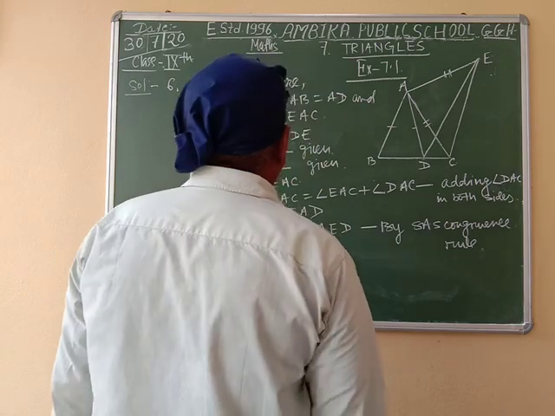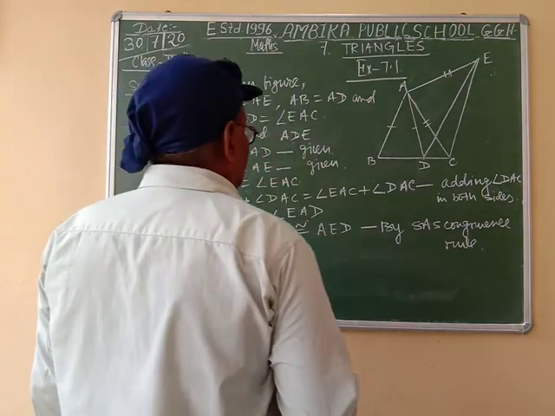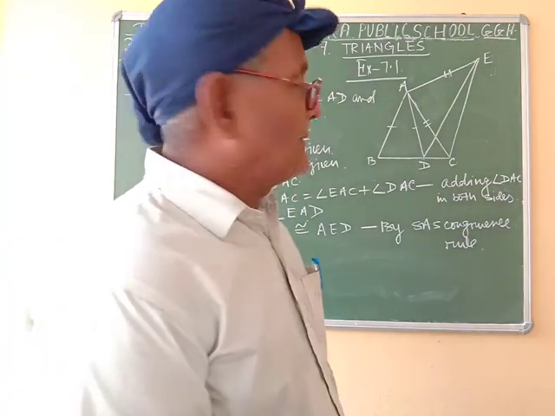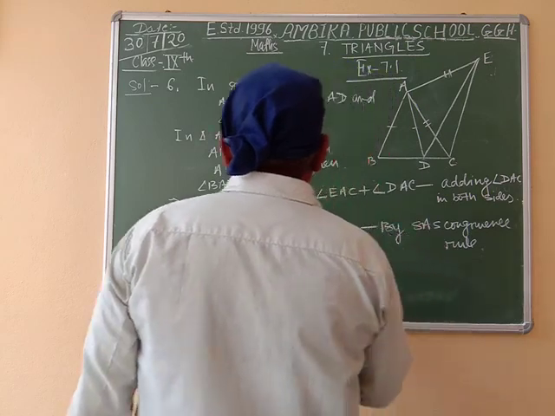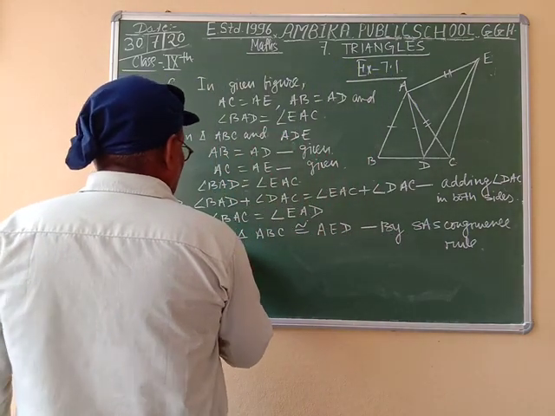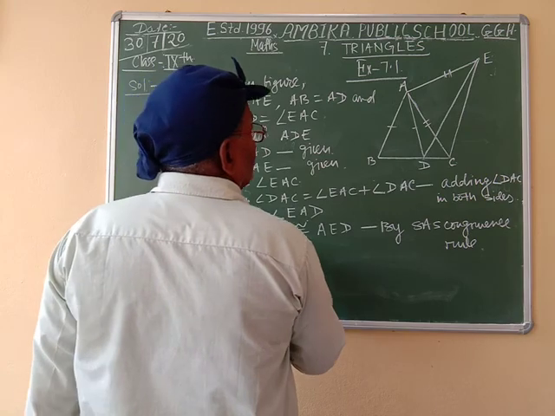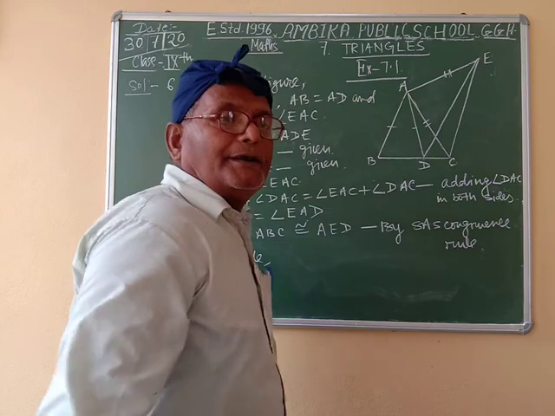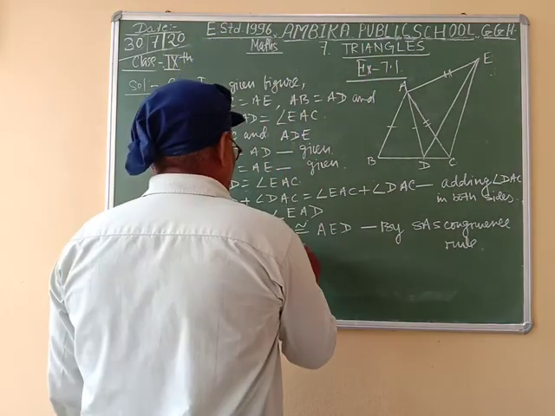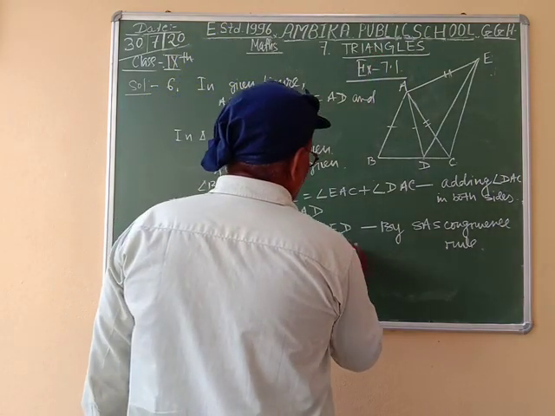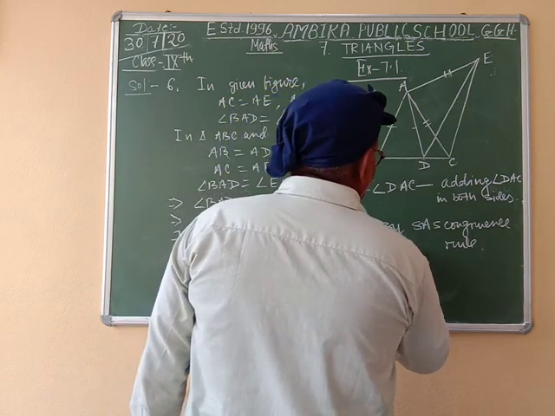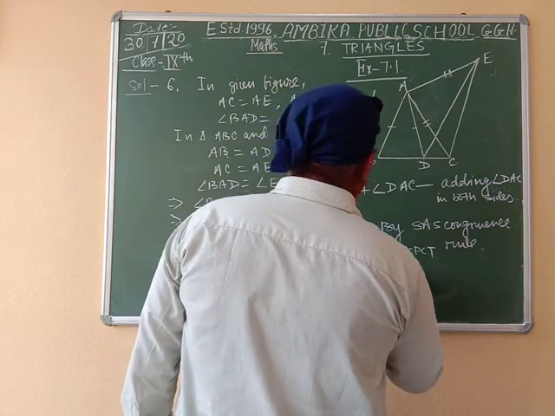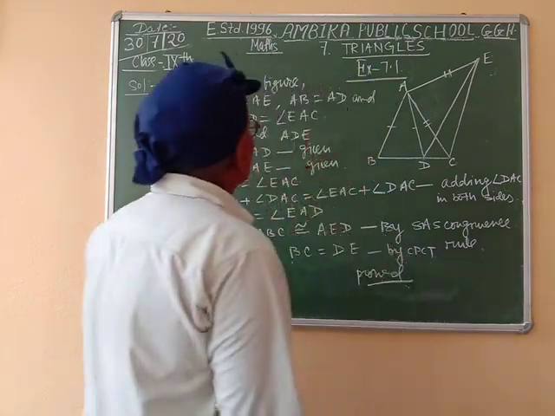If triangles are congruent, then their corresponding parts will be equal. Hence BC is equal to DE by CPCT. Proved. It was to be proved that BC is equal to DE.